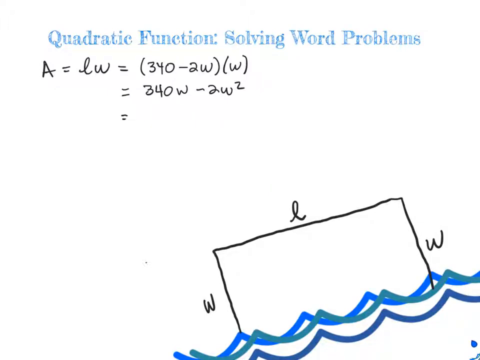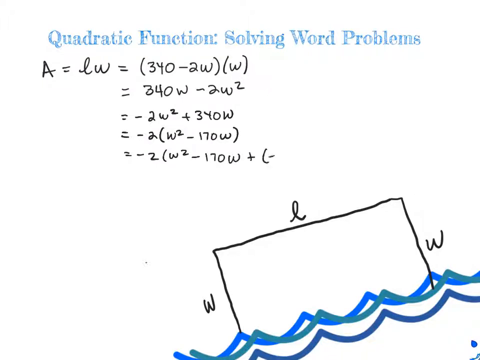Now we can rearrange, and put it into vertex form by completing the square. So first thing we do is factor out the negative 2, get W squared minus 170W, then we add half squared, so negative 85 squared, and then we take away negative 85 squared.